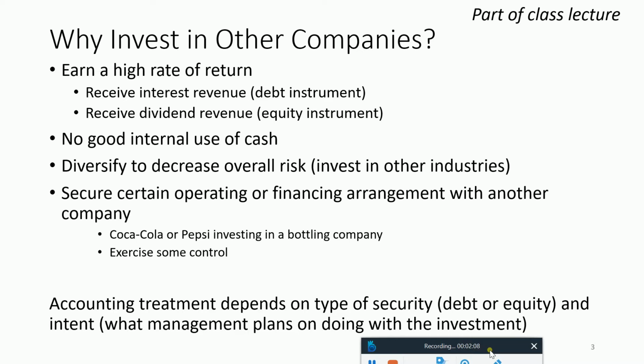Now, a company might want to invest in other companies if they don't have any good use of cash internally. Obviously, first and foremost, a company is going to reinvest in itself if it makes sense to. That could either be by expanding production, opening up a new production line, adding a new warehouse or capacity, upgrading its machinery, all sorts of things like that would be internal uses of cash that could either enhance efficiency or effectiveness of whatever it is that the company is building or producing.